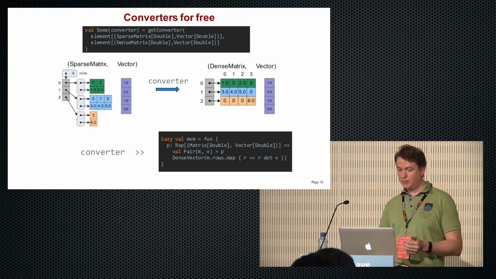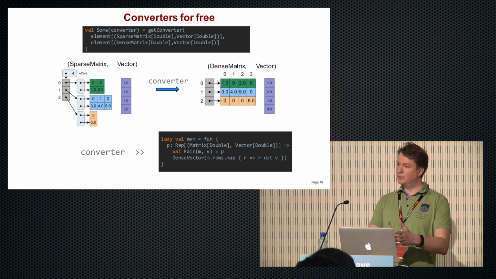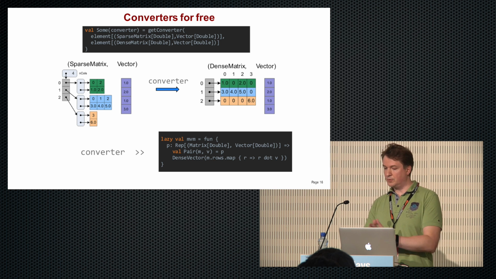Okay. So I also have a demonstration. I don't have time to show it. It is available on GitHub. So this demo example will show how to compose. But the idea is this: we can call get converter like this. So we can have sparse matrix vector as one type, and dense matrix vector pair as another type, and we can automatically generate a converter between this input and this output.